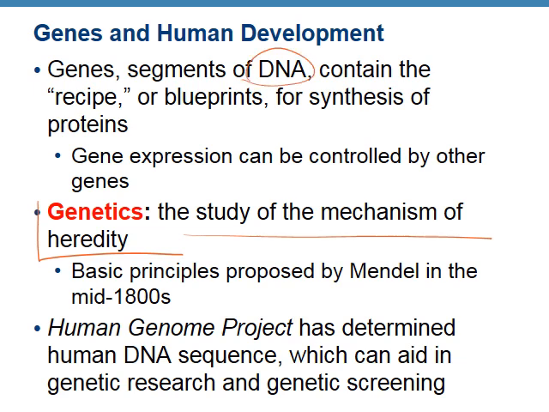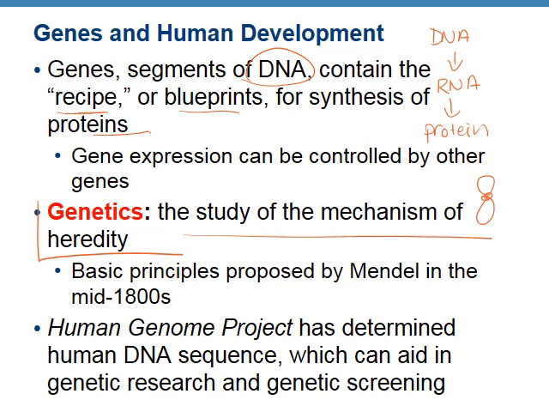We know that genes contain DNA, and this is going to be the recipe, or the blueprint, for the synthesis of proteins. So hopefully we remember that DNA is transcribed into RNA, and then RNA is translated into a protein.